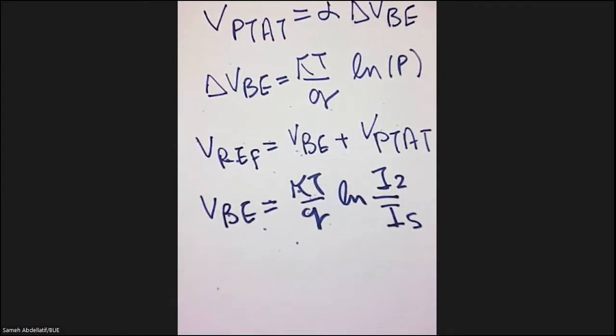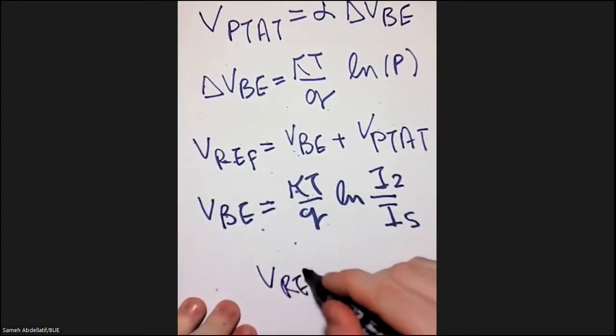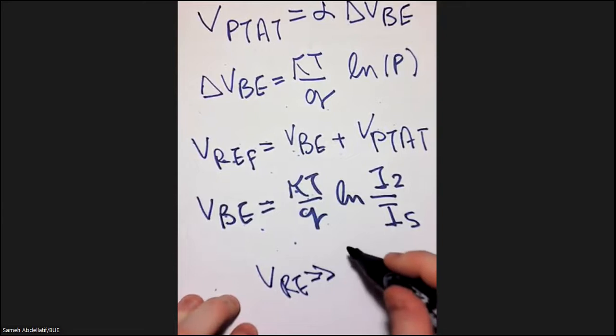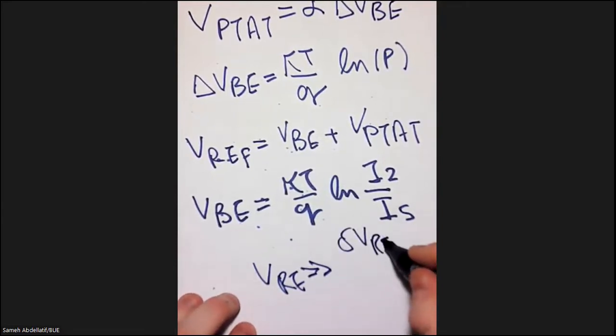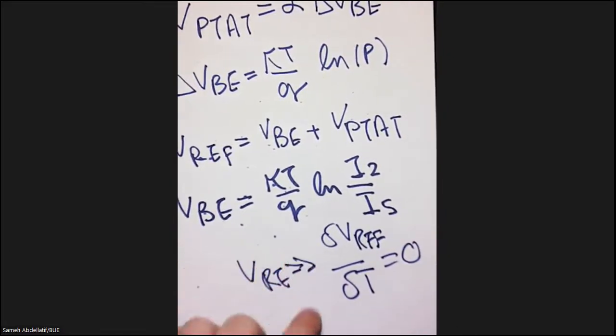So the target of a V reference is to have delta V reference by delta T equal to 0. This means that V reference is not dependent on temperature. It's a constant voltage to be generated by the sensor regardless of the temperature measurement.